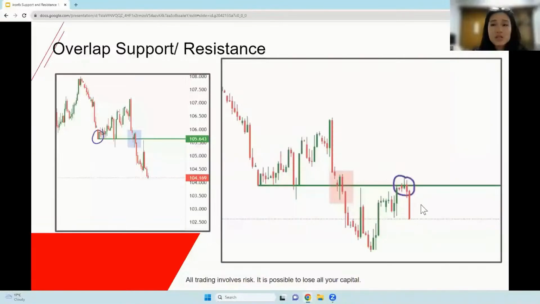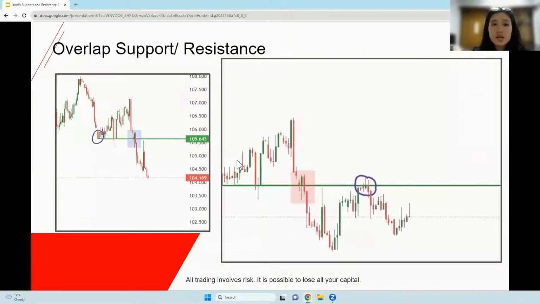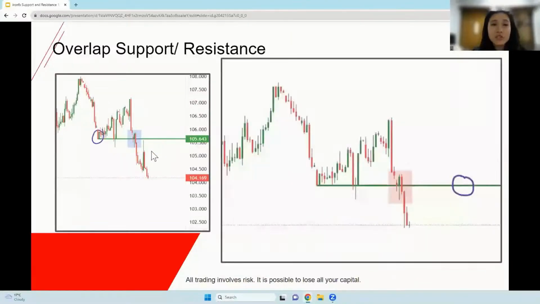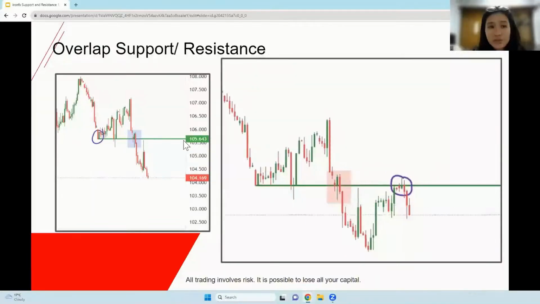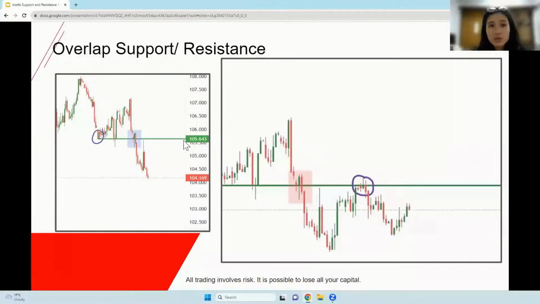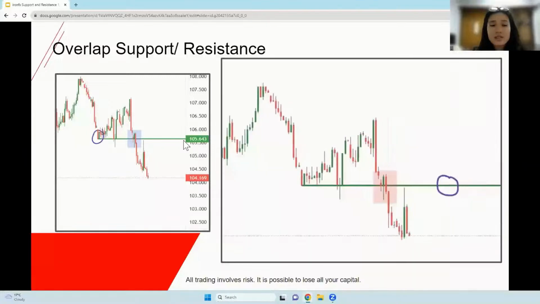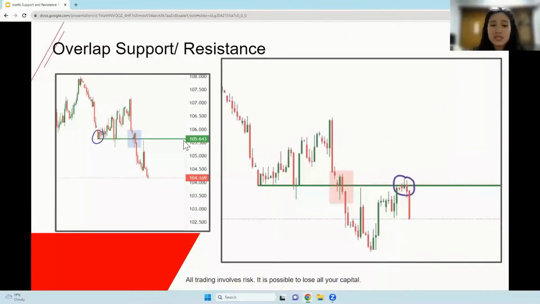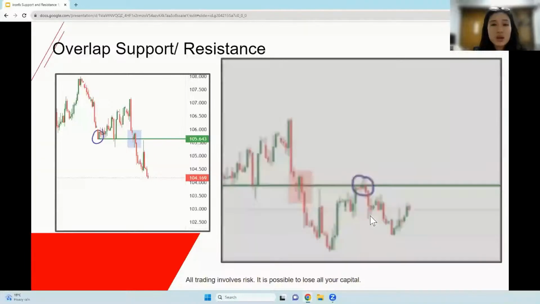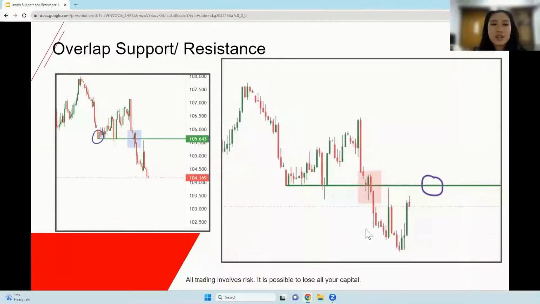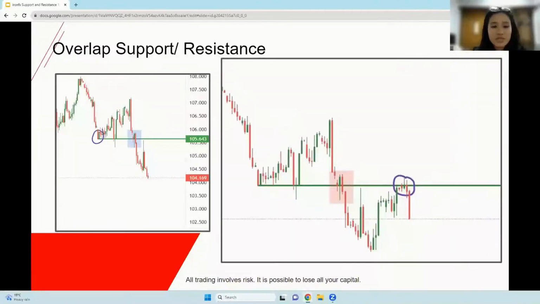In the original image, price broke out of the swing low support, so it is considered a pullback resistance. And once price retraces to that level and reverses off of it, it is an overlap resistance.